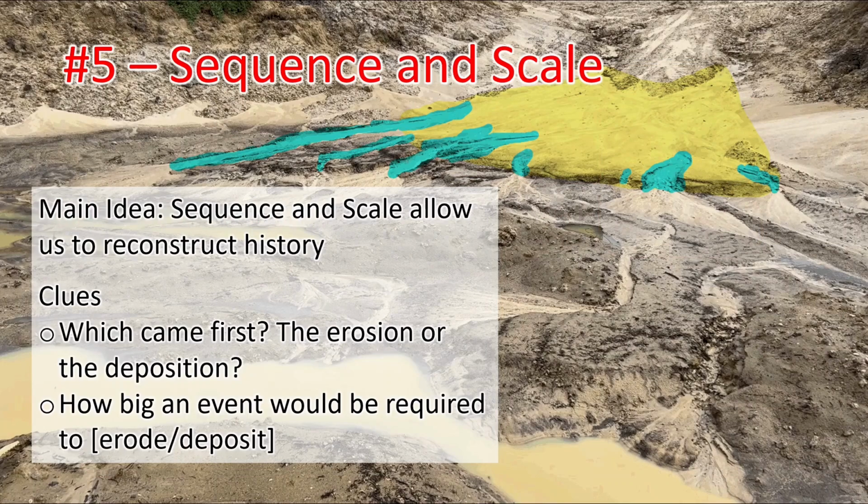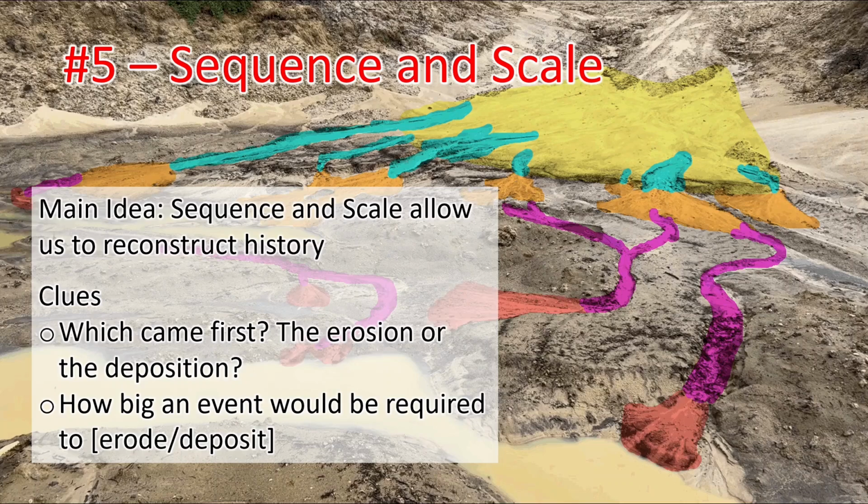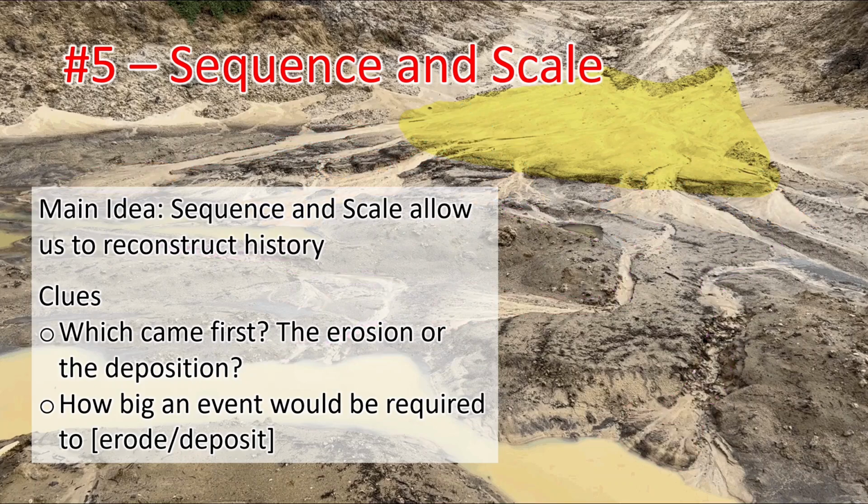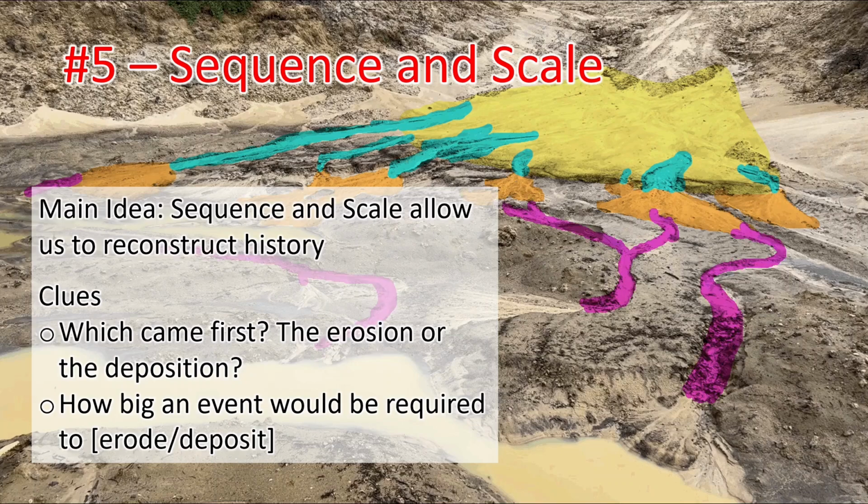The main idea is that the sequence and the scale of these erosional and depositional patterns allow us to reconstruct history. The clues are, which came first? Was it the erosion, or was it the deposition? How big of an event would be required to erode or to deposit? And each landscape is different and unique.